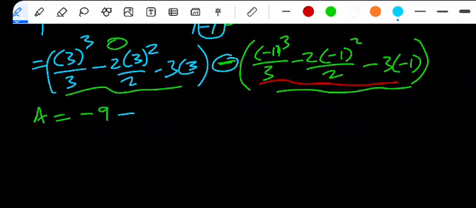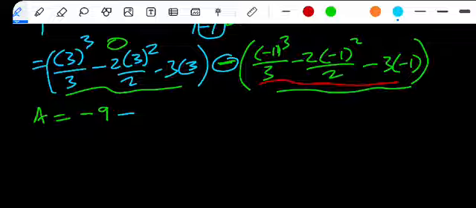Let us try and put that again. I have there -1 cubed, isn't it, divided by 3, minus -1 squared, minus 3 times -1. Then you substitute -1.